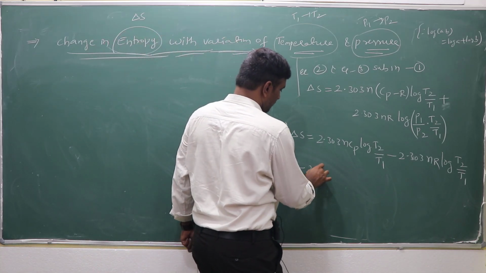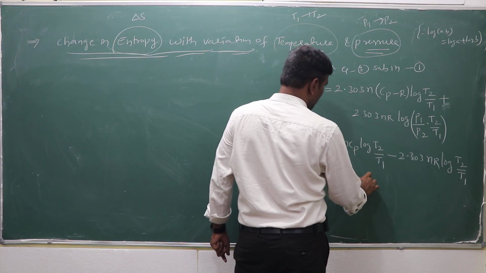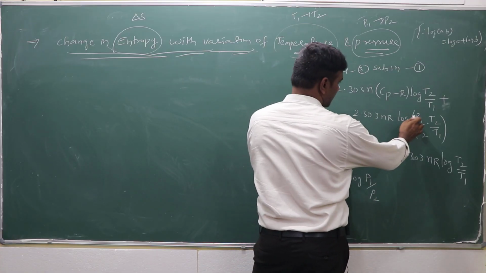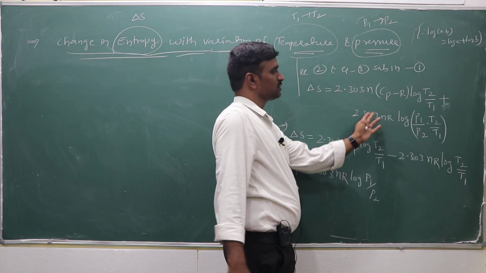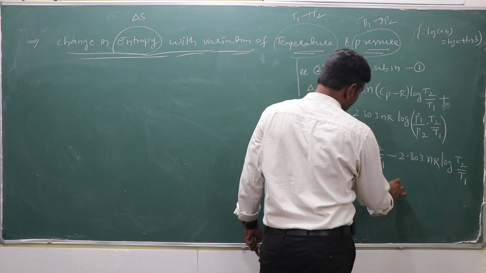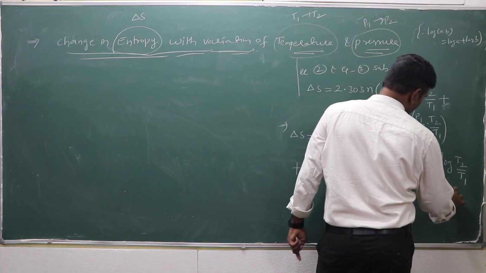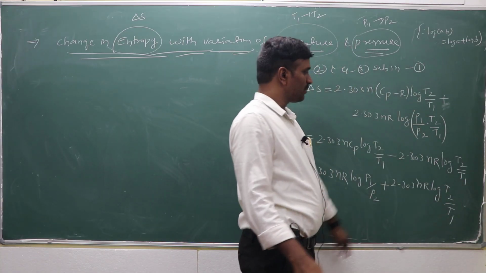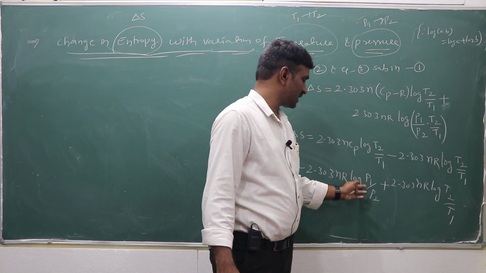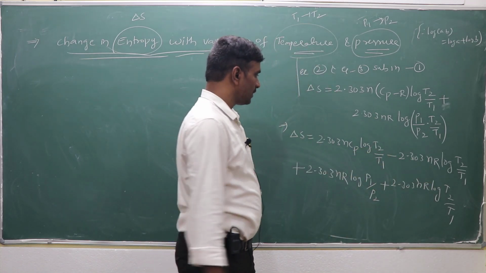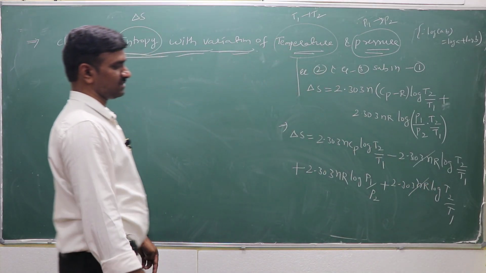So we can apply that principle: 2.303 nR, log P1 by P2 plus log T2 by T1. That is the direct step: 2.303 nR into log P1 by P2 into T2 by T1, because log A plus log B, into 2.303 R. Now in this equation, this term and this term cancel.